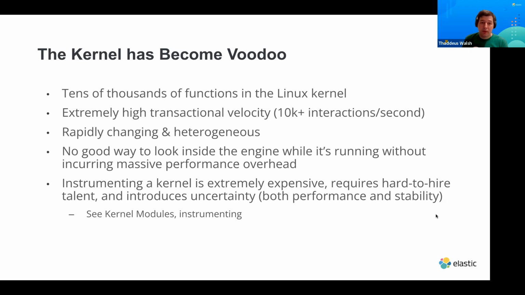Additionally, kernels are rapidly changing, like daily pull requests and nightly builds, and they're heterogeneous. The way that you interact with a Debian-based kernel is different from how you would interact with a RHEL-based kernel or a CentOS-based kernel. They have different higher order functions, they have different conventions, and so if you try and write a solution for one, it doesn't necessarily work with the other.